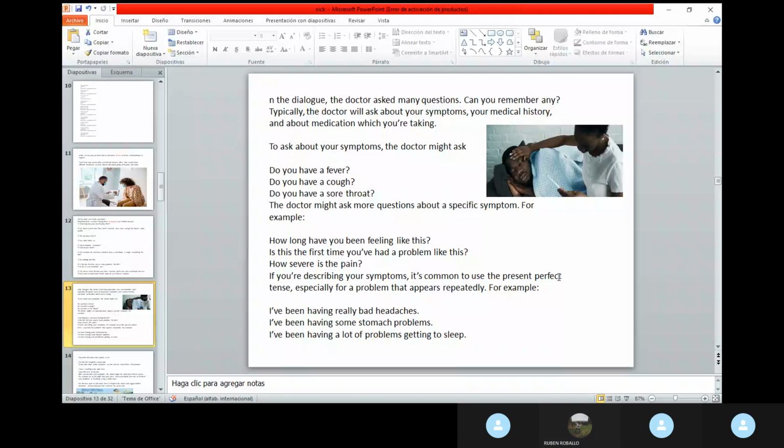When you express your symptoms, use the present perfect tense, especially for problems that appear with pain. For example, I've been having really bad itches. I've been having some stomach problems. I've been having a lot of problems getting to sleep.